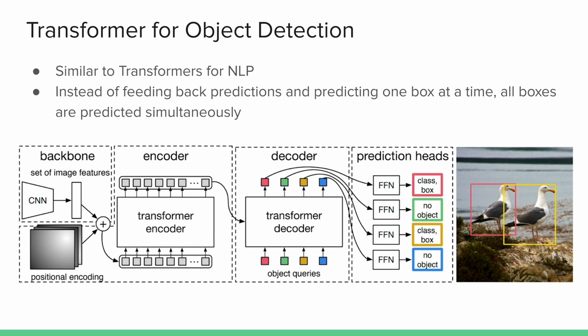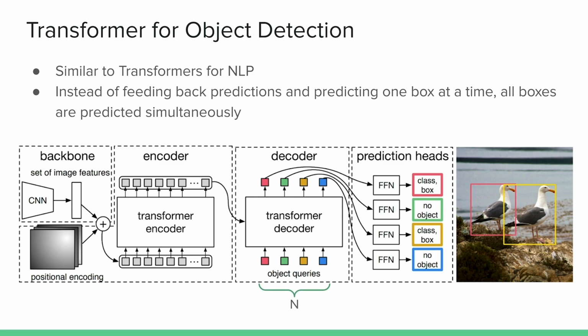They have these so-called object queries in the decoder that are fed into the transformer, and for each of these object queries they produce one output prediction that is then classified and refined with a final feed-forward network in the end.